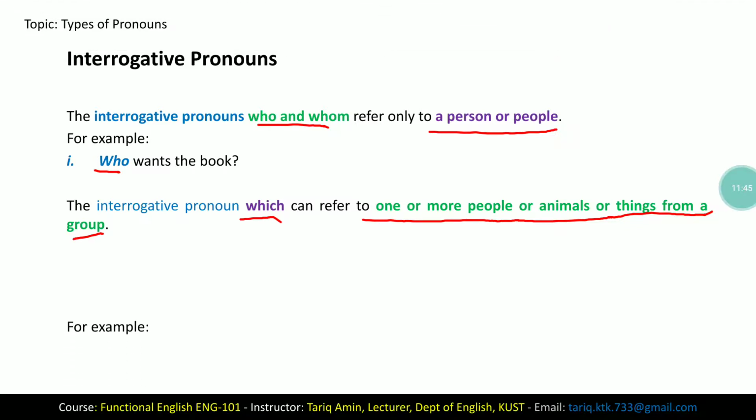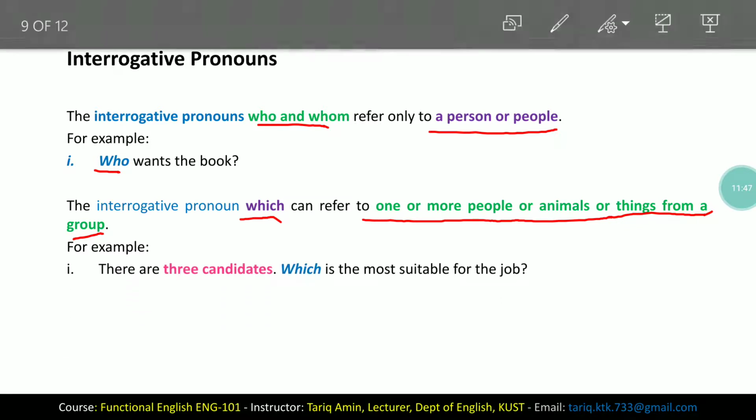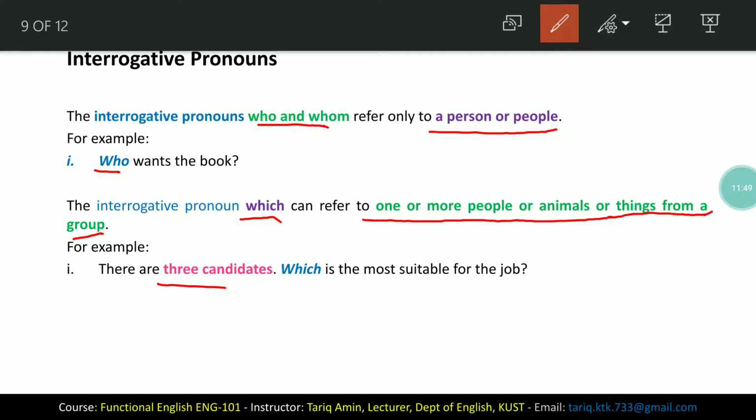For example, there are three candidates. There is a group of three candidates. We can say that three candidates is a group of people. And which is the most suitable for the job? Which is an interrogative pronoun and it refers to one person from this group of people.